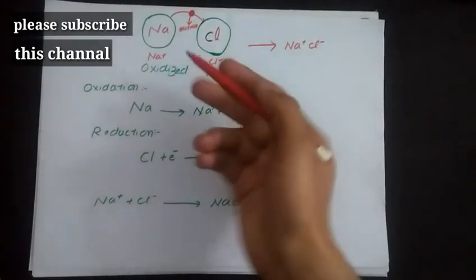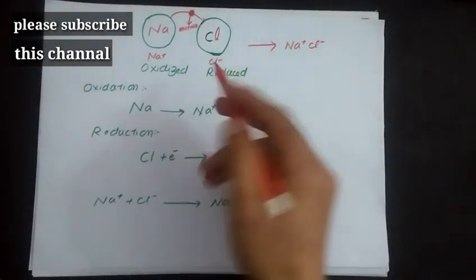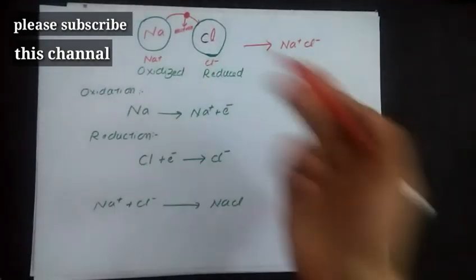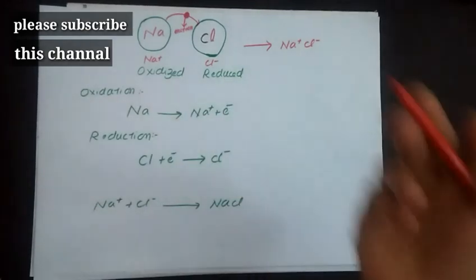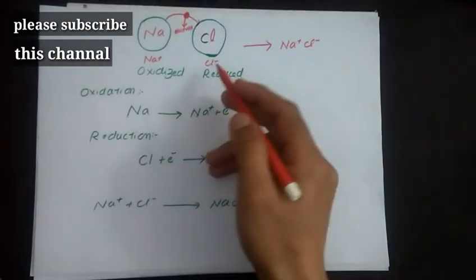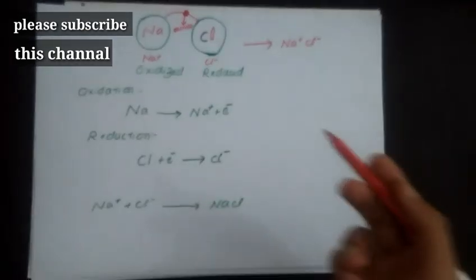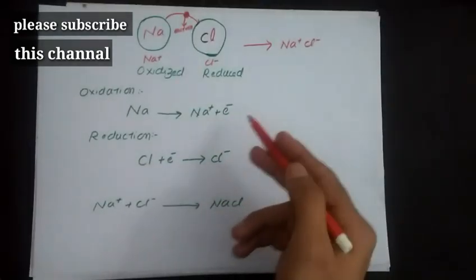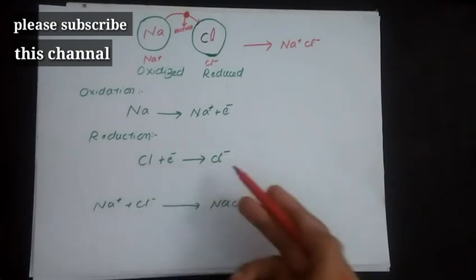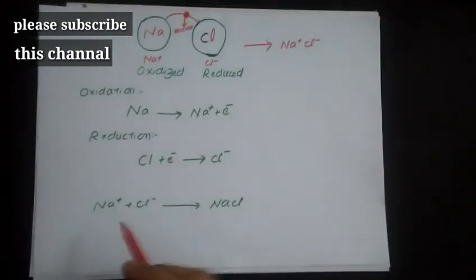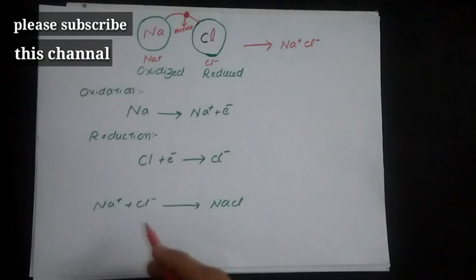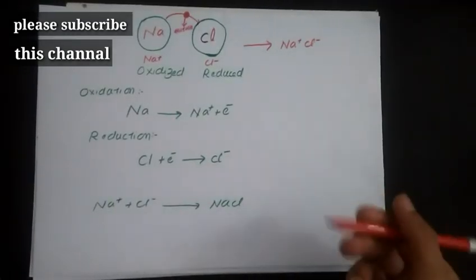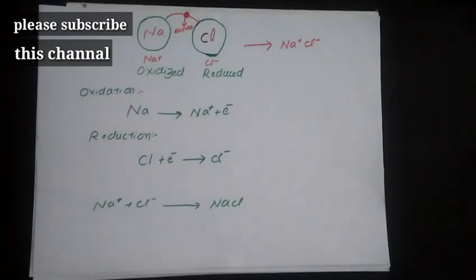So here Na gives electrons, loses electrons, and it gets oxidized, while Cl gains those electrons, it gets reduced and it becomes Cl negative, right? So here in oxidation, Na gives electron, and in reduction, Cl gains those electrons. So when Na plus and Cl minus react, then they form NaCl. This way NaCl is formed, right? So this is all about oxidation reduction reaction.